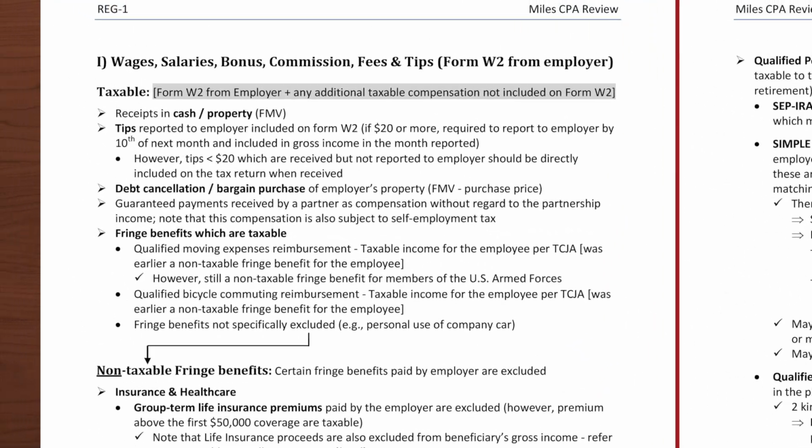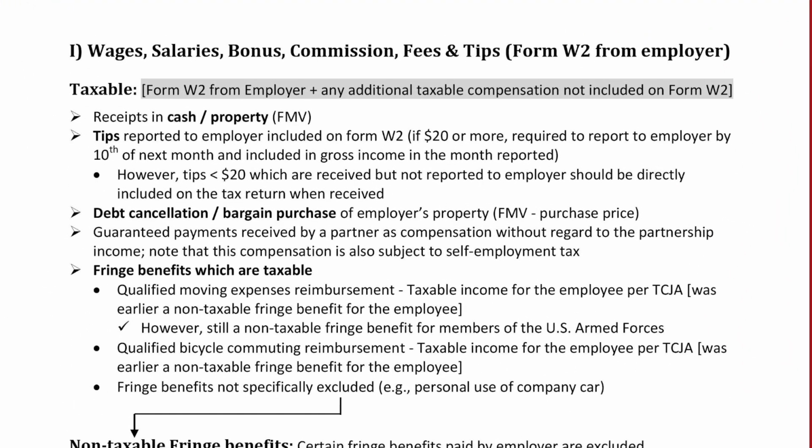Page 24. We have wages, salaries, bonus, commissions, fees and tips. All of this, highlight, is on Form W2, which is issued by the employer to the employee.